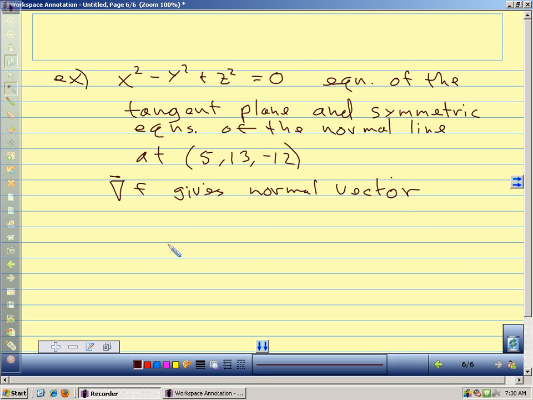So we need to calculate our gradient. So del f of this function is 2xi minus 2yj plus 2zk.